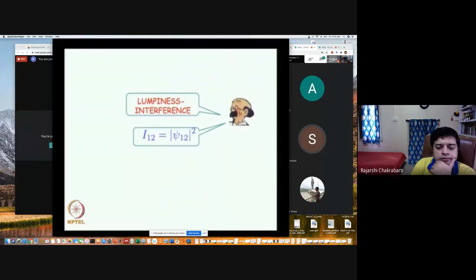So I12 is the intensity of electrons arriving at different locations on my screen. When I say intensity of electrons, it essentially means number of electrons arriving per unit area. So I12 we can calculate from a knowledge of the wave function, and strictly speaking there will be a proportionality constant also, but for the sake of simplifying the notation, I have omitted that. So I12 is actually equal to psi12 squared.